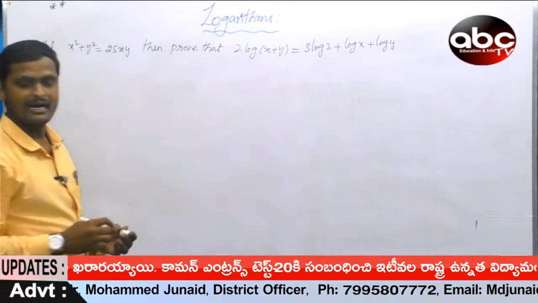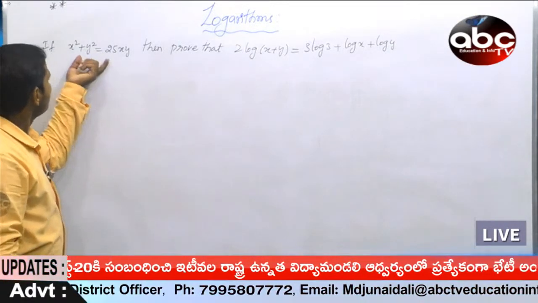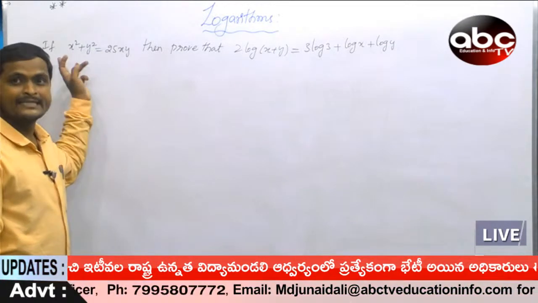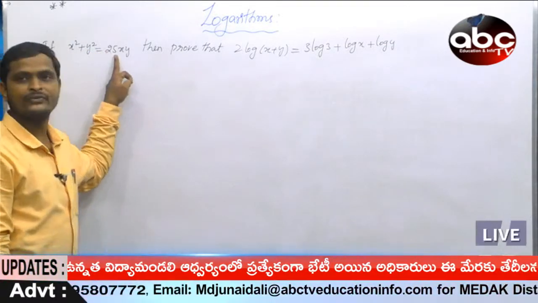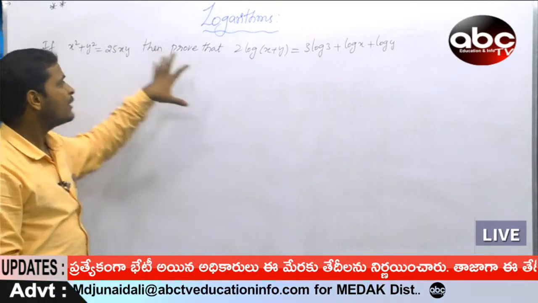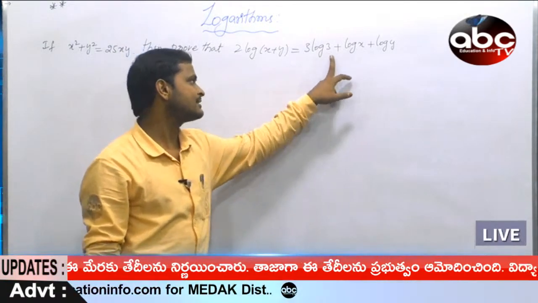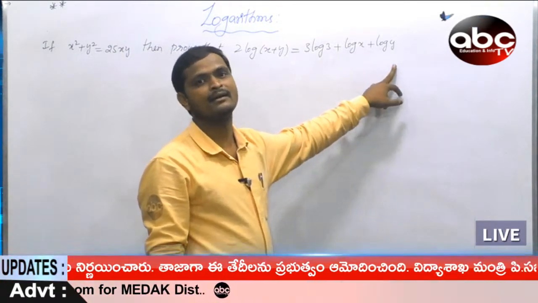Right. Observe, students, here one condition is there. x square plus y square is equal to 25xy. By using this condition, we have to prove 2 log (x plus y) is equal to 3 log 3 plus log x plus log y.